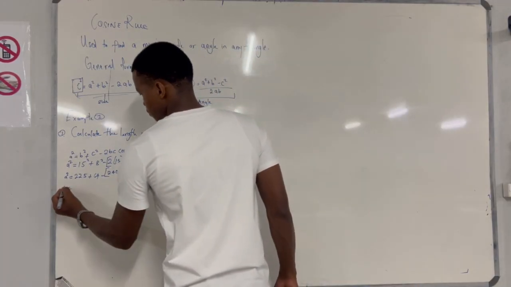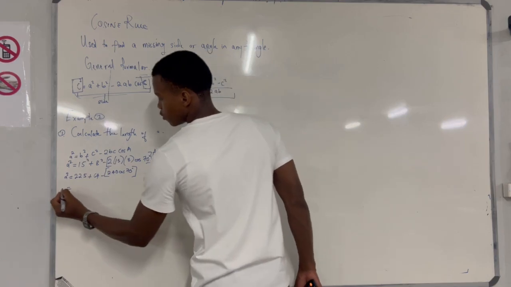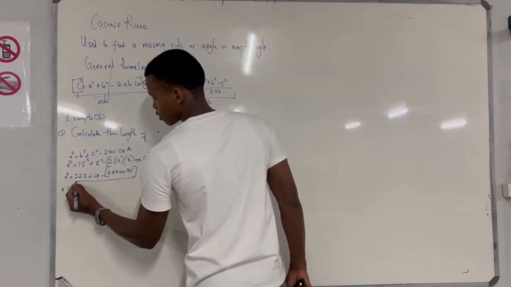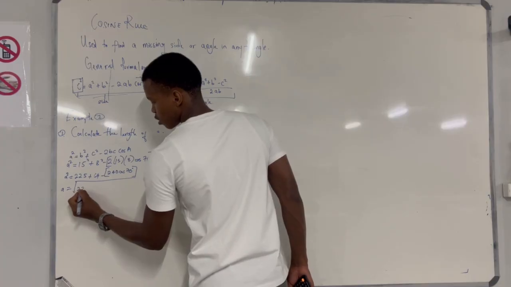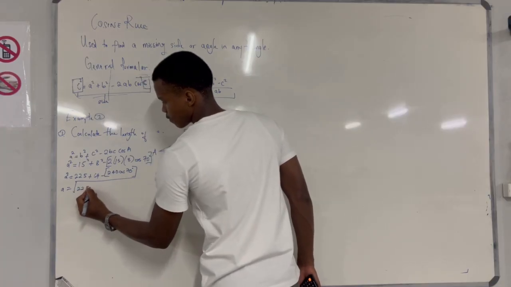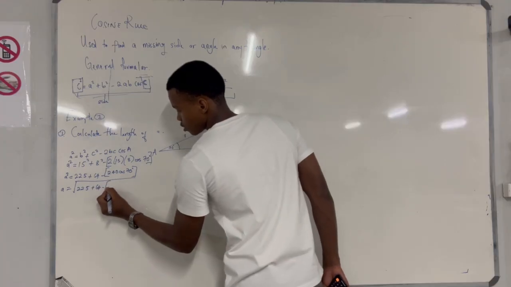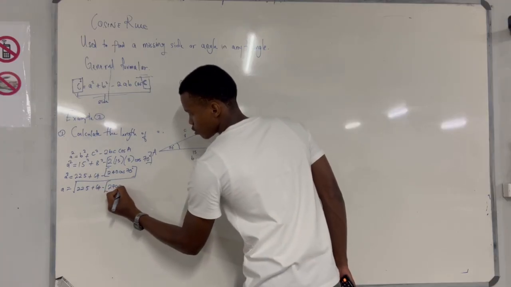Because we are looking for a squared, put a square root all over this: the square root of 225 plus 64 minus 240 cos 70.